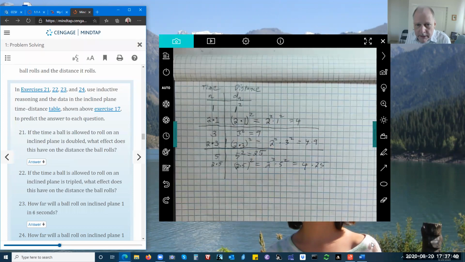So now, this is the chart for doubling the time. I've done like 3 examples, and then I'm going to make a line for the general case. And then I'm going to do this with tripling the time, because we're getting the wrong numbers for number 22. Okay. So now here's the general case for doubling.